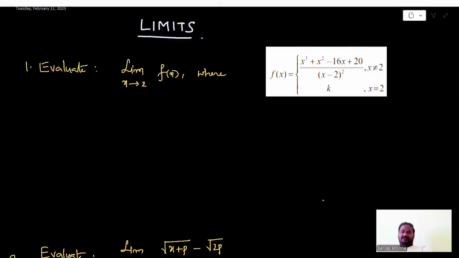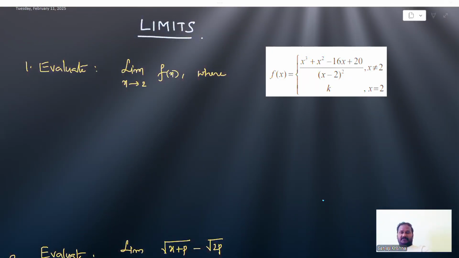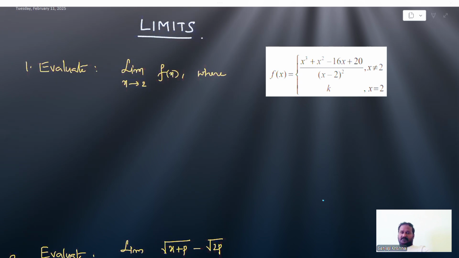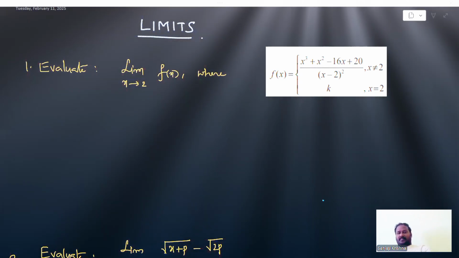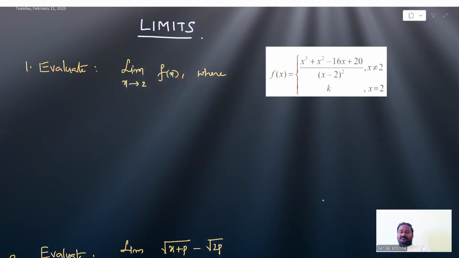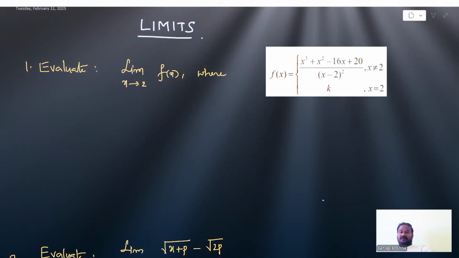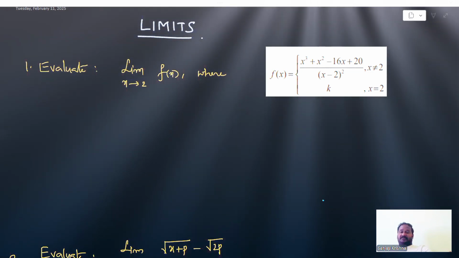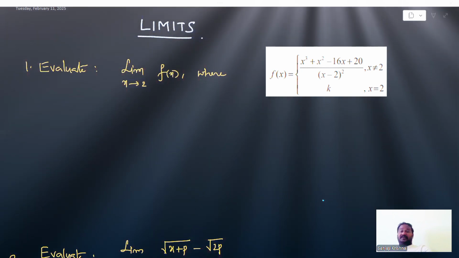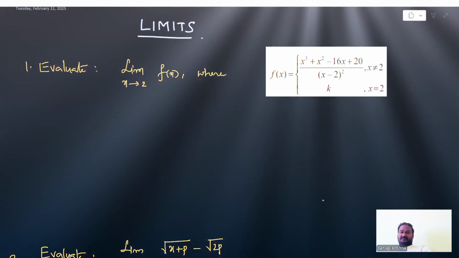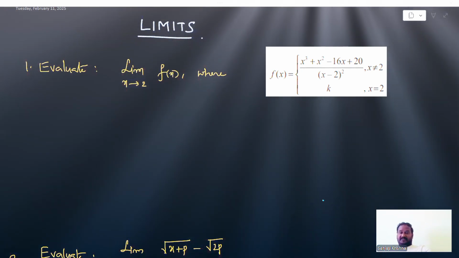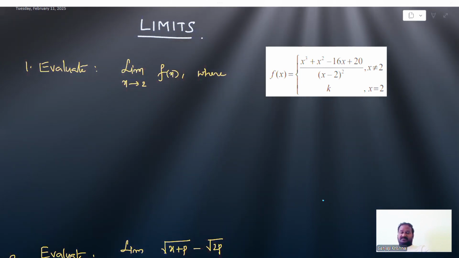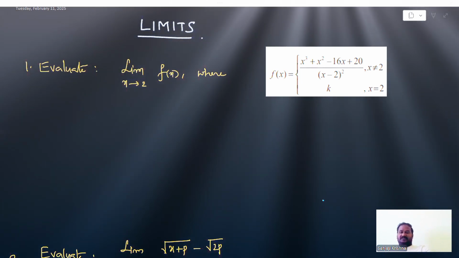Today we are going to discuss some important concepts in limits, which are related to grade 11 as well as grade 12, because in grade 12 we have the fifth chapter called continuity and differentiability. In the concept of continuity, we have to find limits of functions, because only when the limit of the function exists is it said to be a continuous function; otherwise it is a discontinuous function.